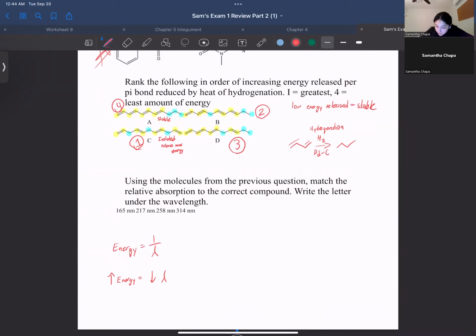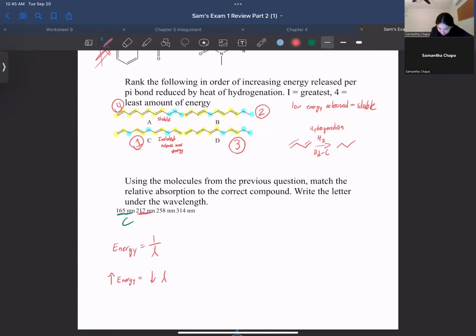So all we have to do here is assign which wavelength goes to A, B, C, or D. Something that is unstable, high in energy, like my isolated C, is going to have the lowest wavelength. So I'm going to say that this right here is C. And then you just keep going from there.